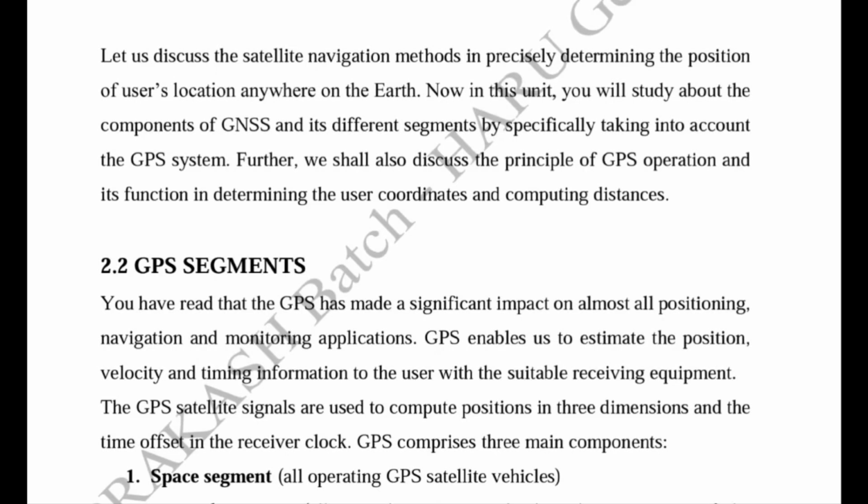The coordinate calculation, the formulas and the principles used to calculate our position we will study in this unit.